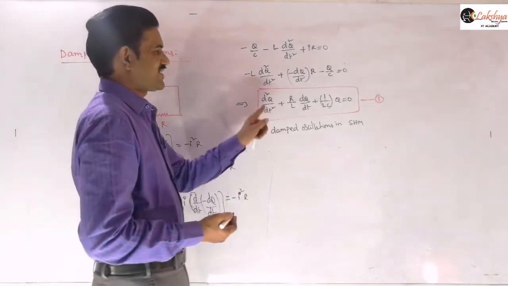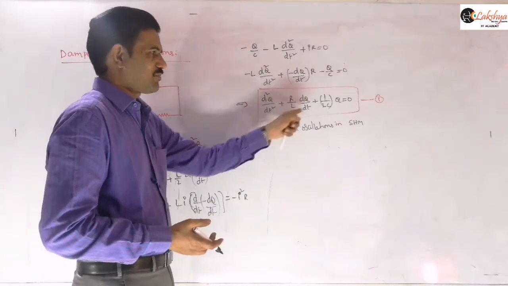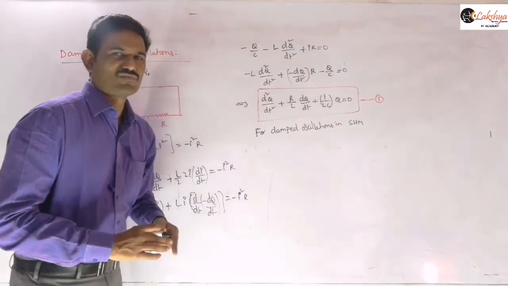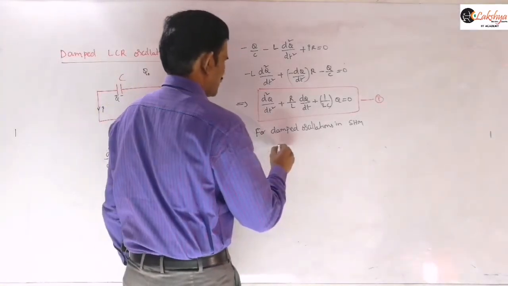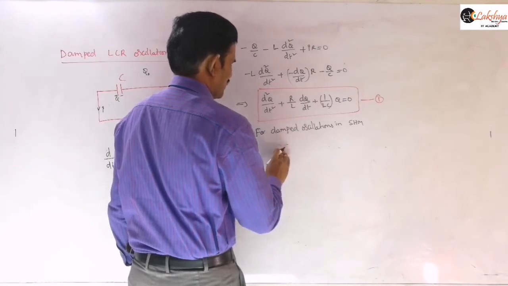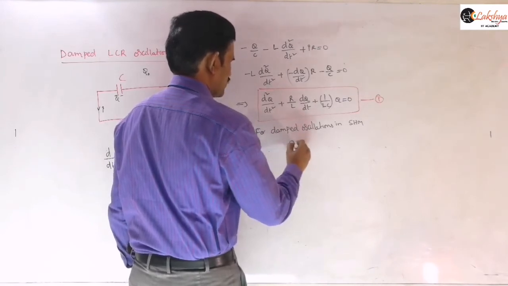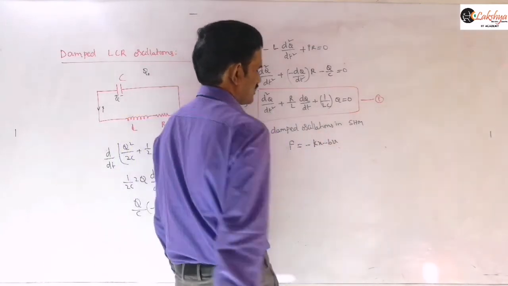So now in addition to these two terms, our SHM terms, now this is the damping term here. So the damping force we consider it as minus BV. So we can write net force is equal to minus kx minus BV.